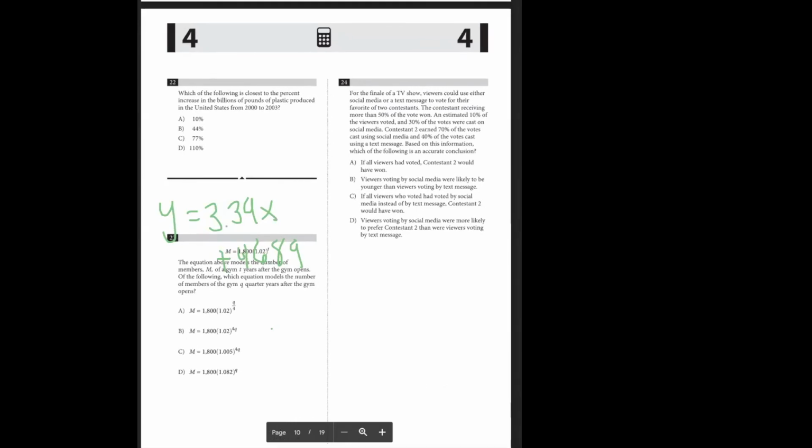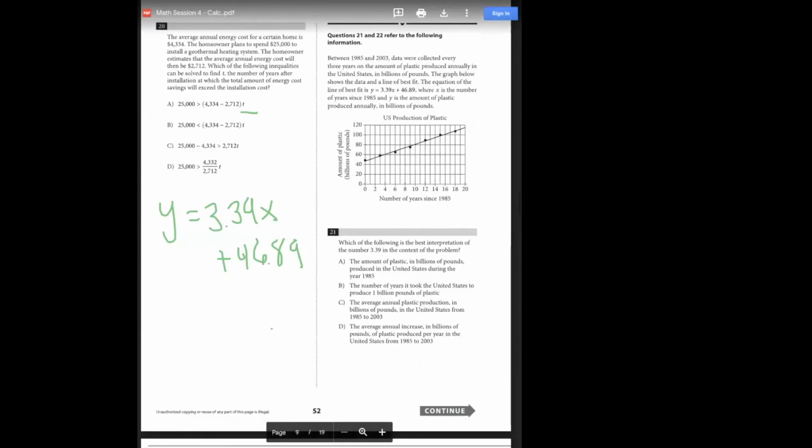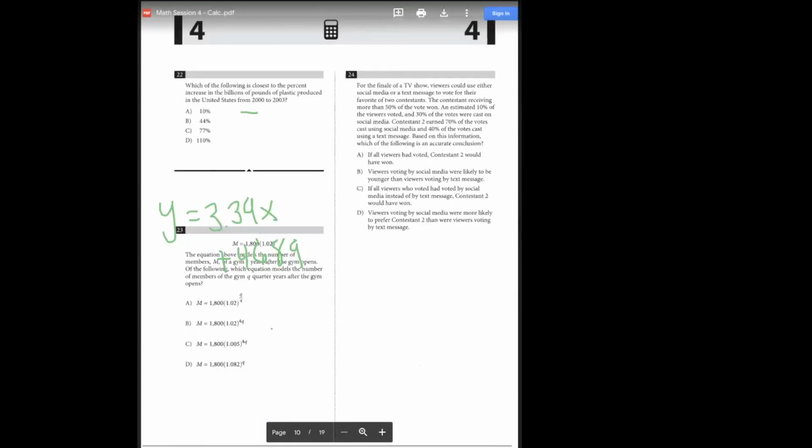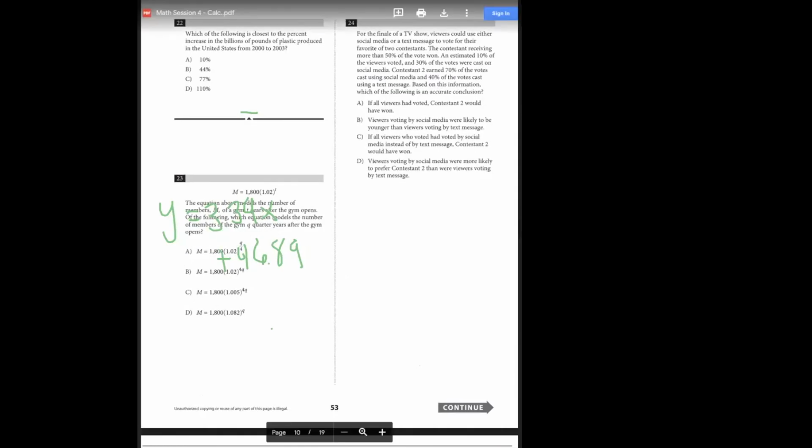Remember that you're not plugging in 2000, because the units are years away from 1985. So 2000 is 15 years away from 1985, so I'm going to plug in 15 here. And 2003 is 18 years away from 1985, so I'm going to plug that in.